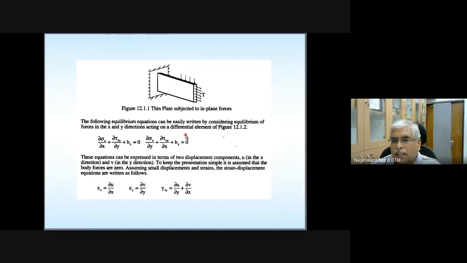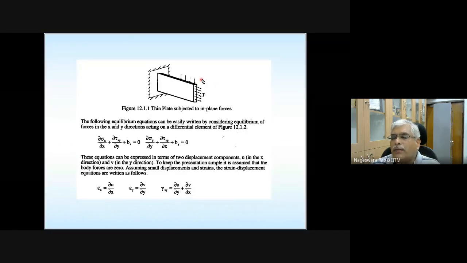The z-axis is going out of the plane of this member, the x-axis you can assume along the length of the member, the y-axis along the width, and the z-axis along the thickness.